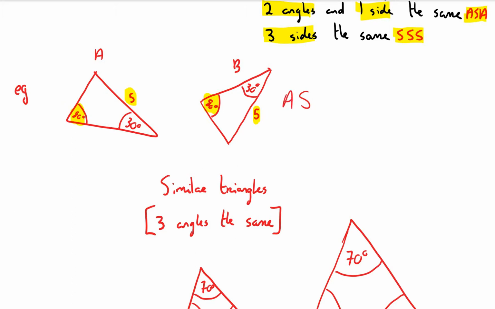So we definitely have an angle. And we have a 30-degree angle here and a 30-degree angle here, so we have another angle. So we have two angles and a side, so we have angle, side, angle, which means A and B are congruent. Okay.